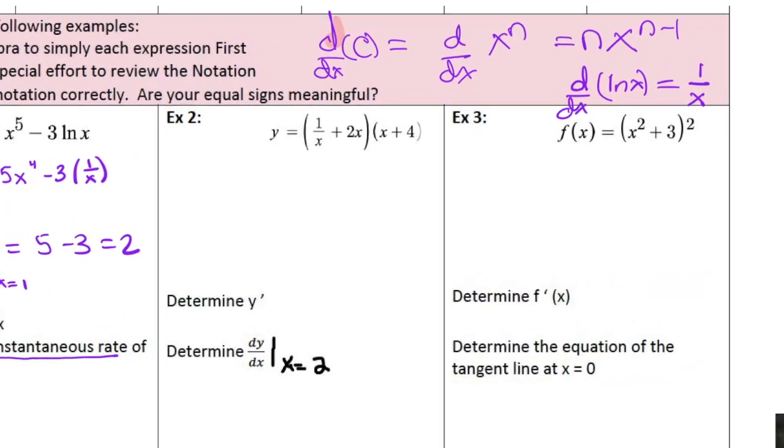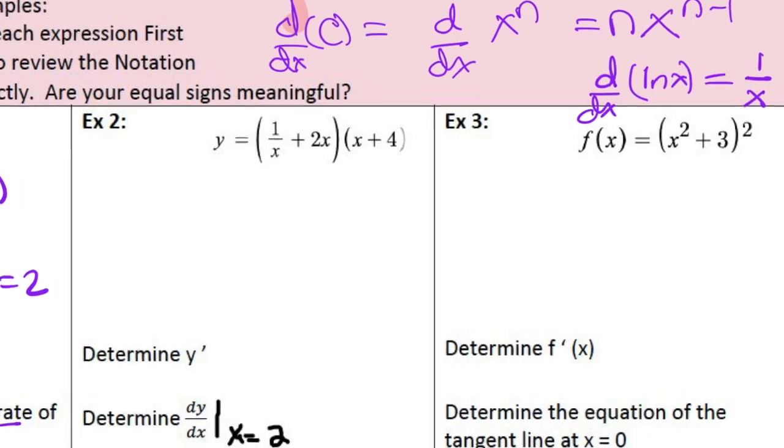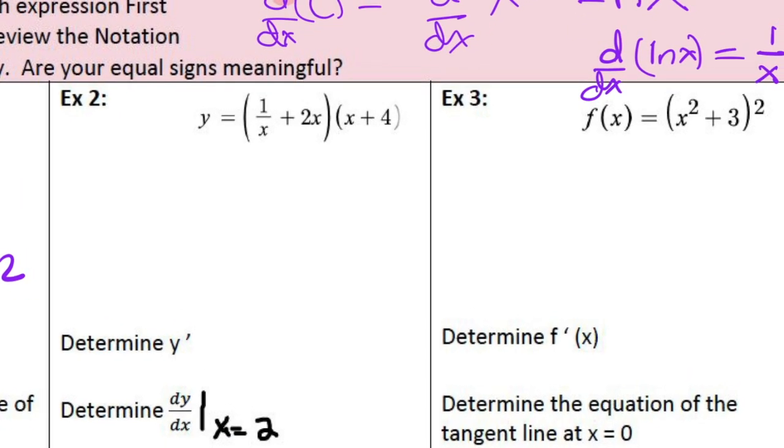So for example 2, notice we have a complication. Do you see the multiplication in the problem? We will have to multiply that out so that we can apply our rule to our problem. If we don't multiply it out, none of the 3 rules that we know are going to apply.